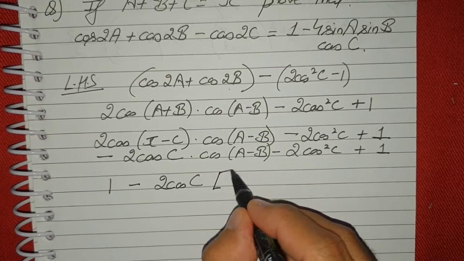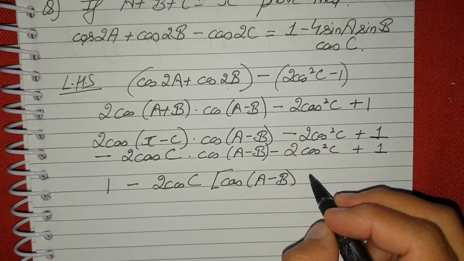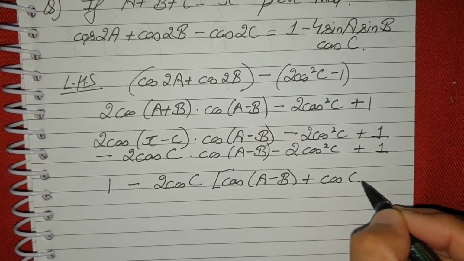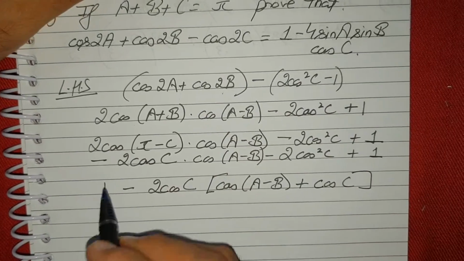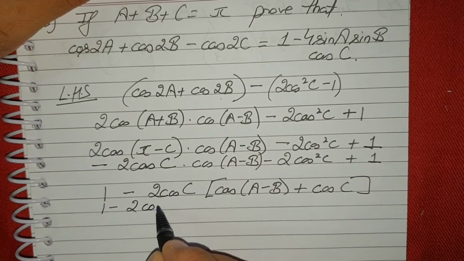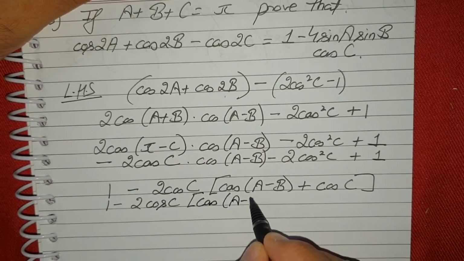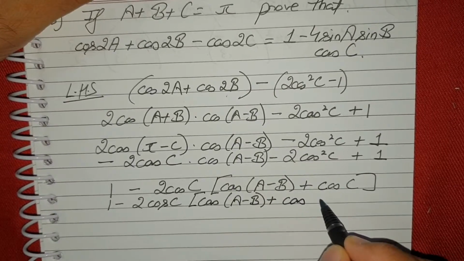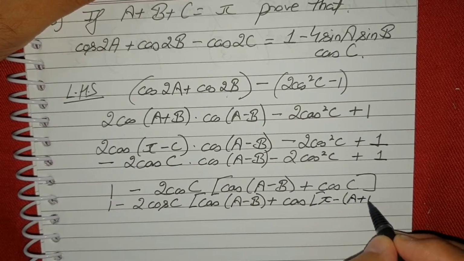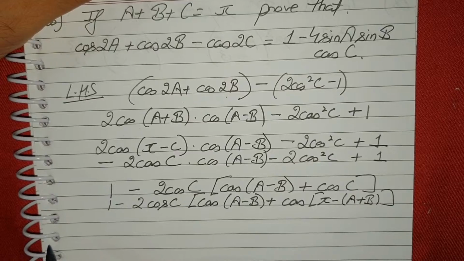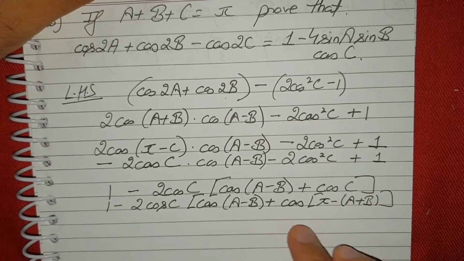So this will be 1 minus 2 cos C times cos (A minus B), and minus minus becomes positive, plus cos C. Now C can again be written as pi minus (A plus B), so this will be cos of pi minus (A plus B), which will be cos minus, because in the second quadrant, minus cos (A plus B).